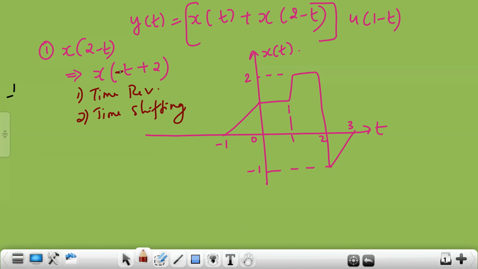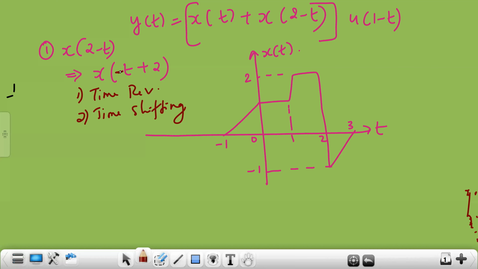So which operation do you need to perform first? Yes, reversal. According to the precedence rule I have given, first you need to perform x of minus t and then you need to shift. So all of you try to plot x of minus t and draw the graph.